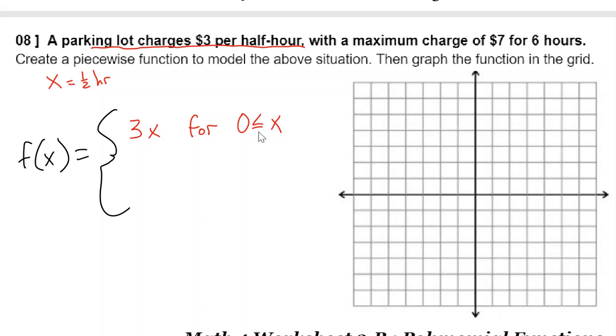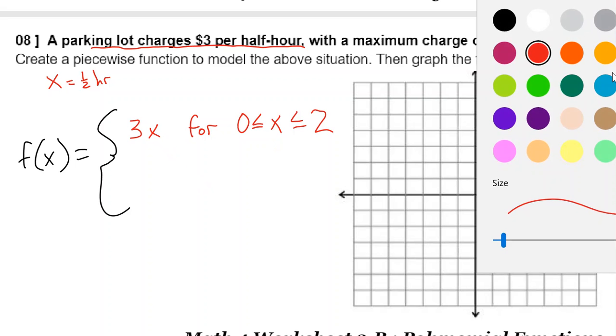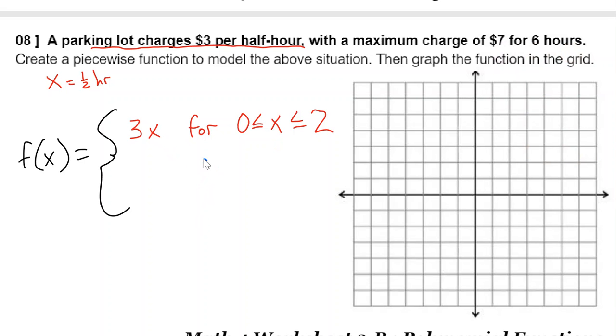That's more than the $7 for 6 hours. So really, you're almost going to want to say that. Well, no, half hours would be 2 of them. There are going to be 2 half hours that'll put you up to $6. And then anything above 2 half hours, you're just going to have a flat charge of 7.